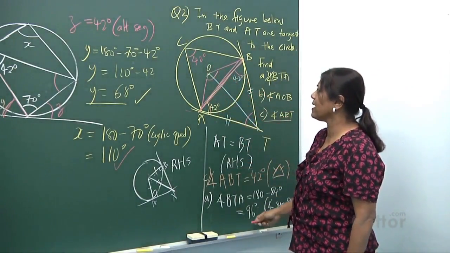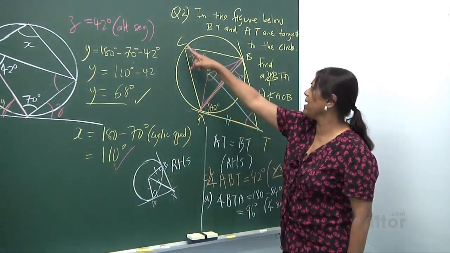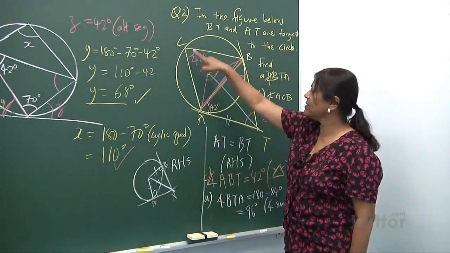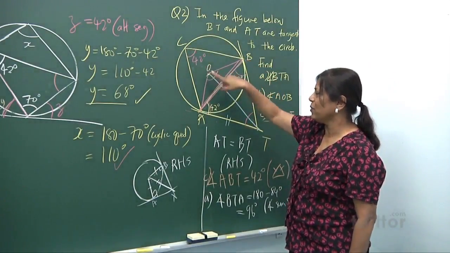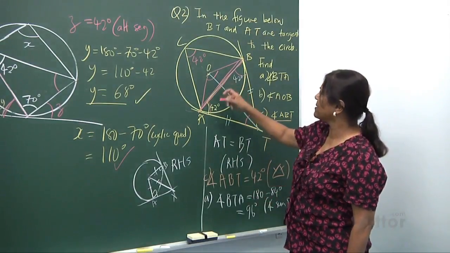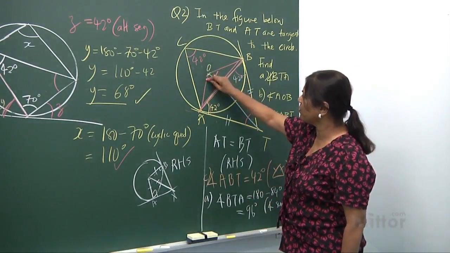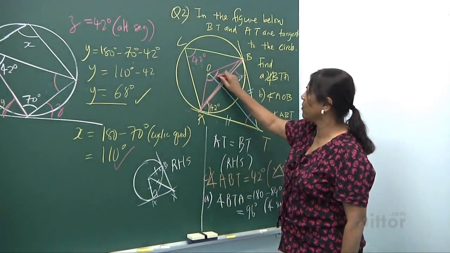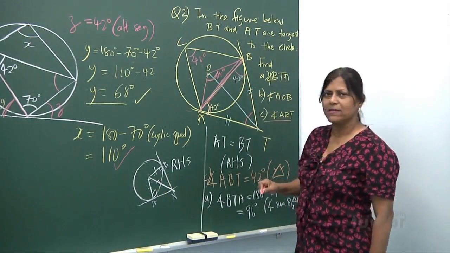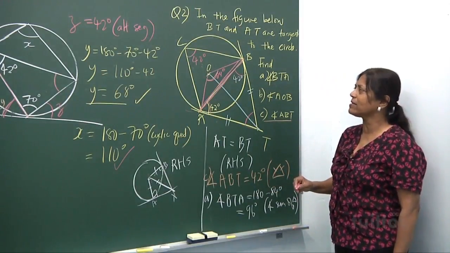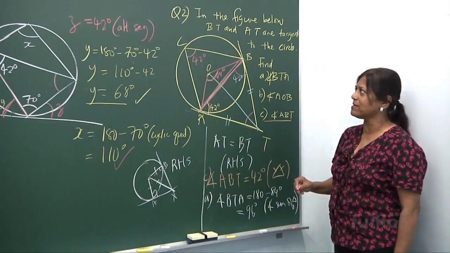So what you can say is that ACB is 42. ACB is 42. What's the reason? Alternate segment. As a result, if this is 42, this is going to be double of this. And this will be 84 degrees.